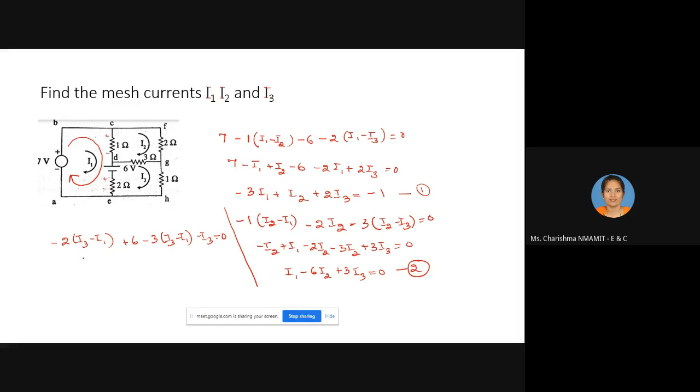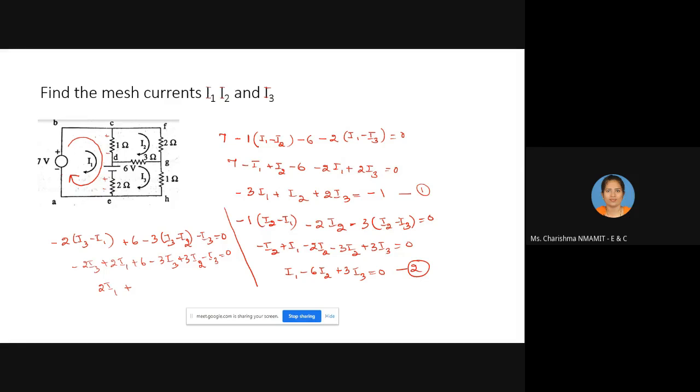When you simplify it, minus 2I3 plus 2I1 plus 6 minus 3I3 plus 3I2 minus I3 equal to 0.